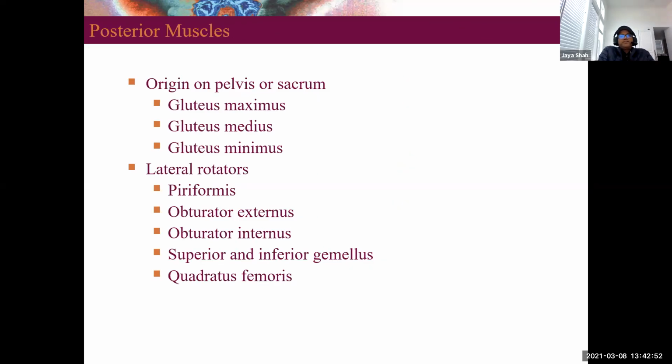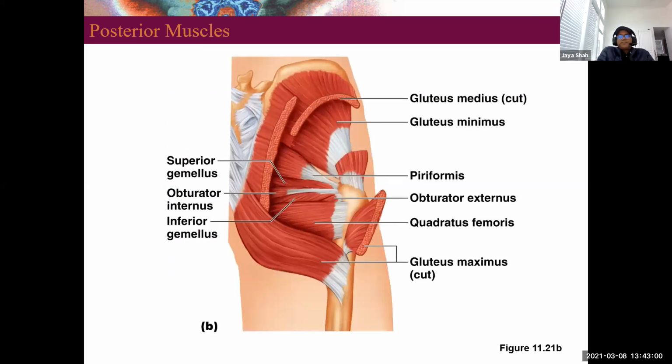Posterior muscles. They all originate on the pelvis or sacrum. They are gluteus maximus, medius, and minimus. And here you go. This is the iliac crest here. You can see the most superficial muscle is gluteus maximus.